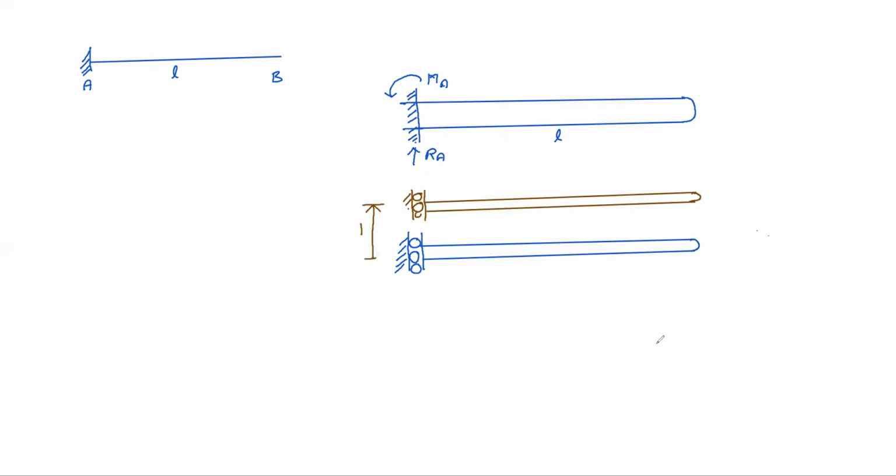So the shape of ILD for RA will be like this now. L span, 1 unit. This is ILD for RA.